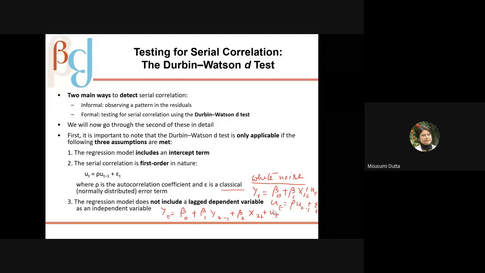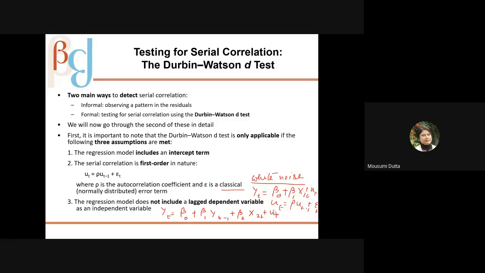So the regression model should not include a lagged dependent variable as an independent variable. If it includes a lagged dependent variable as an independent variable, we will not be able to apply the Durbin-Watson D test to detect autocorrelation.